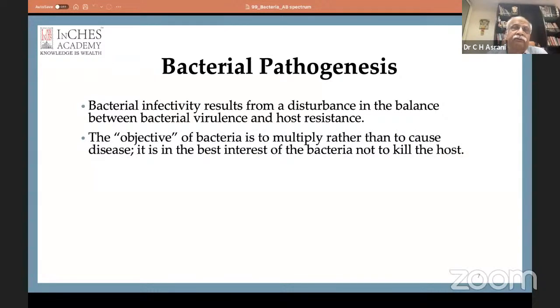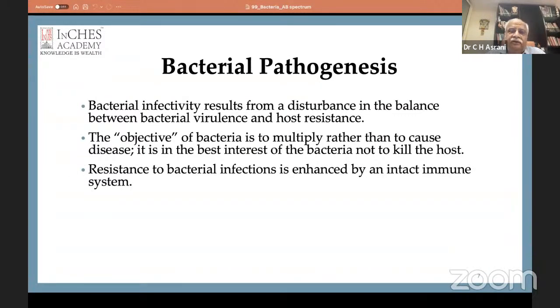The aim of the bacteria is to multiply, not to cause disease, because it is in the best interest of the bacteria not to kill the host. As we know with viruses also, it is in the best interest of the virus not to kill the host, because a virus cannot survive without the host. A bacteria can still survive.